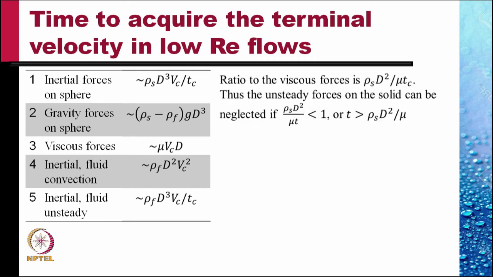The ratio of the viscous forces to inertial forces of the sphere is like rho s d square divided by mu Tc. Thus, the unsteady forces on the solid can be neglected if rho s d square divided by mu t is much less than 1, or t is greater than rho s d square by mu.